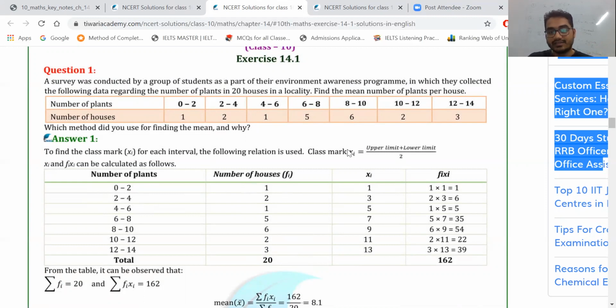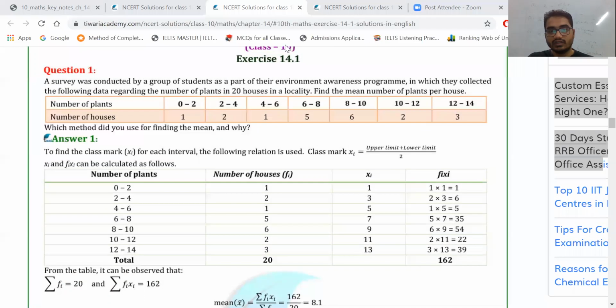So here, 0 plus 2 is equal to 2, 2 upon 2 is equal to 1. So you have got your xi.